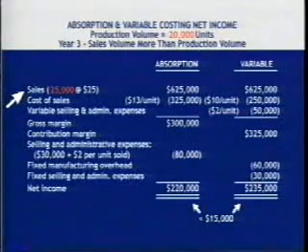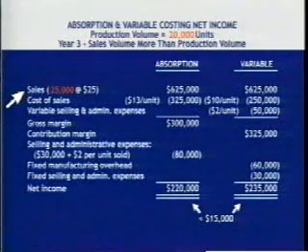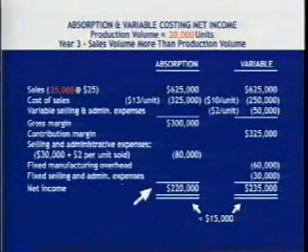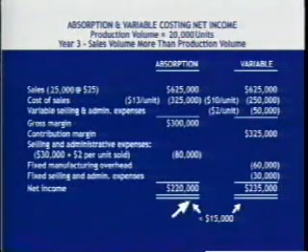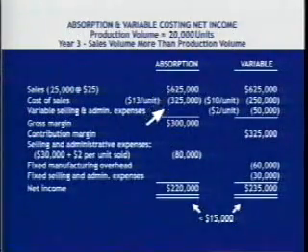Sales of 25,000 units exceed production by 5,000 units in year 3, consuming all the units produced in year 3, and the 5,000 units left over from year 2. In this case, absorption costing net income will be less than that of variable costing by $15,000. This is how it works. Sales revenues are equal at $625,000.